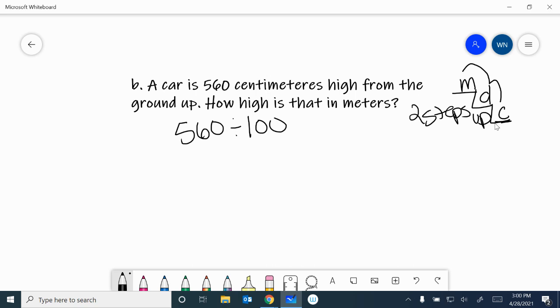Again, we're just going to move our decimal point 2 places to the left this time because we are dividing. So remember, we pretend our decimal point is right here. We move it 1, 2 places to the left. That gets me 5 6/10. You can add the 0 there if you needed to, but you don't have to. So 5 6/10 of a meter equals 560 centimeters.